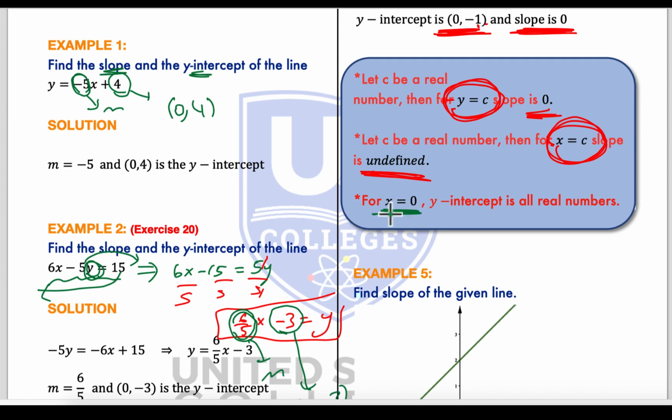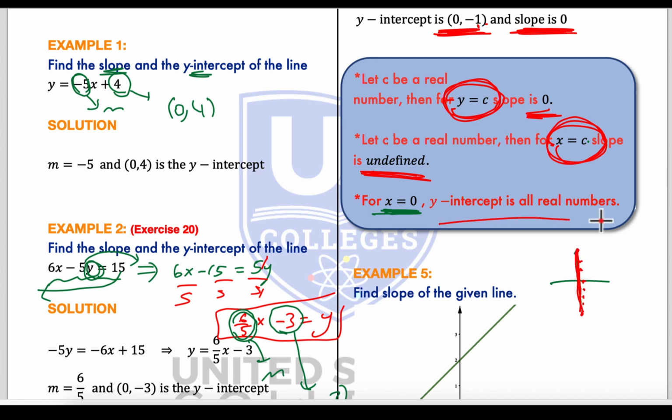When x equals 0, it's not the other numbers, it's just 0. It means your line is passing through 0 on the x-axis, which is also passing through the y-axis. If it is passing through the y-axis, then there are infinitely many points on the y-axis that the line is passing through.